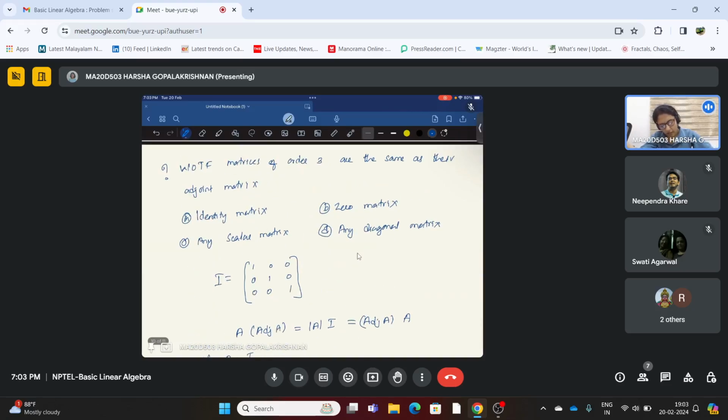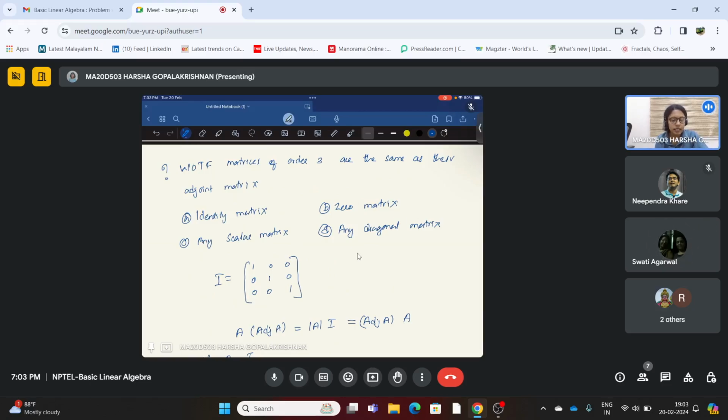Okay. Now we have two more matrices, scalar matrix and diagonal matrix. What is a scalar matrix? A scalar matrix is a constant multiple of the identity matrix.